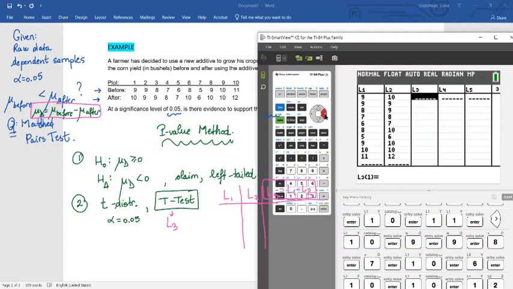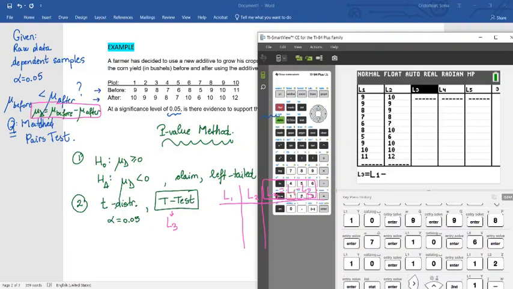And then on list 3, I'll go to the top of the table, the header, list 3, and I'll simply ask to compute list 1 minus list 2. Second one will get me list 1, and you see it appears right here on the bottom, minus second 2, which will give me list 2. And as soon as I click on that, this list will be populated. This is the difference between the before results and after results.